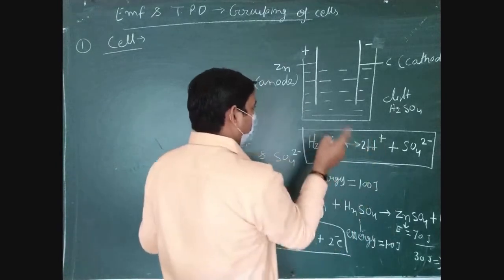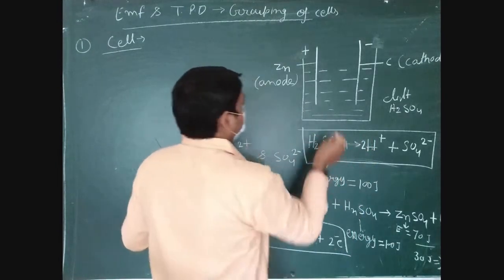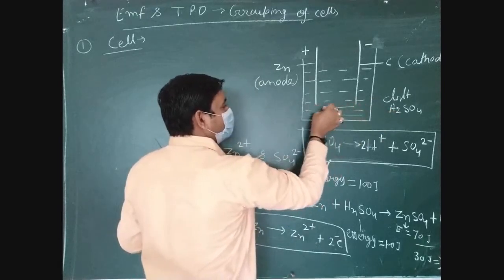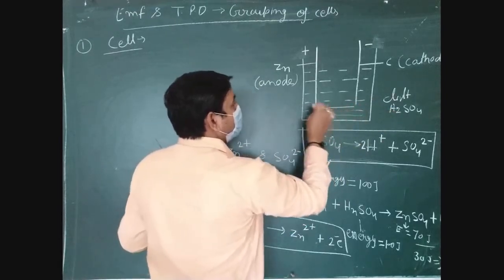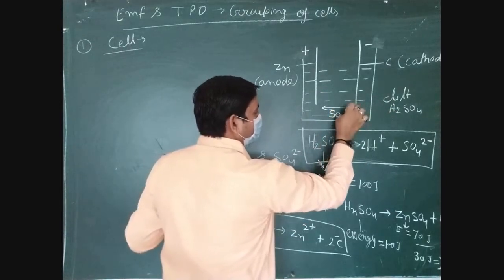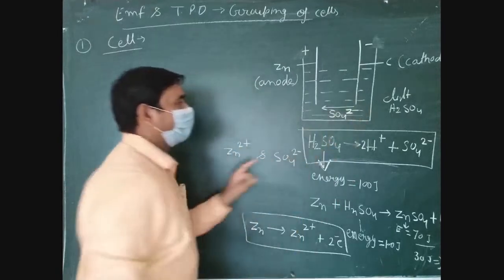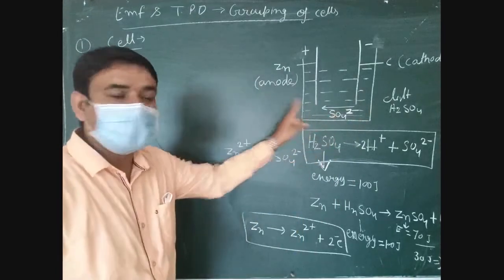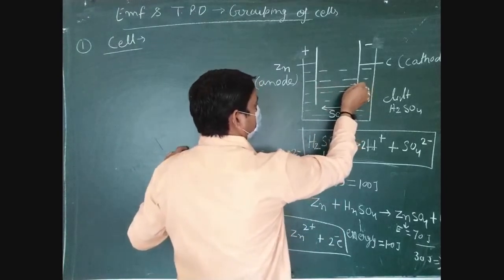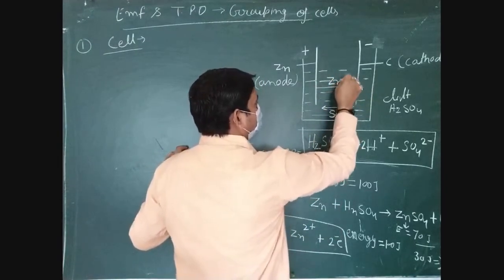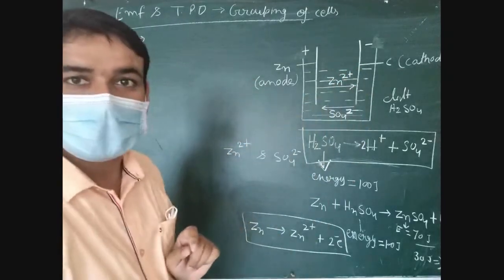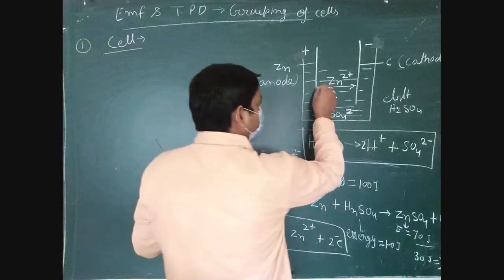As you all know, the negative ion, the SO4 double minus ion, moves towards the anode, and the positive ion, that is Zn2 plus, moves towards the cathode.